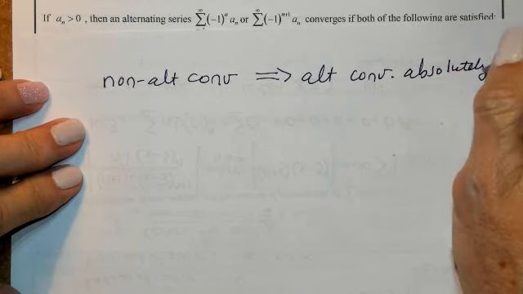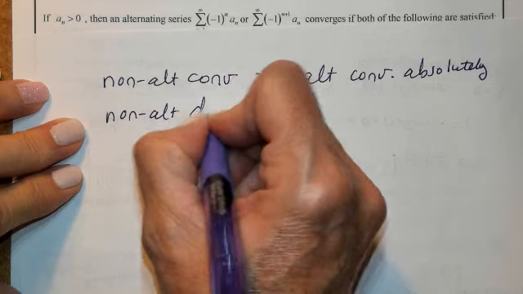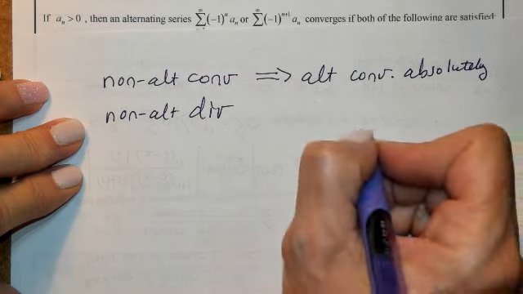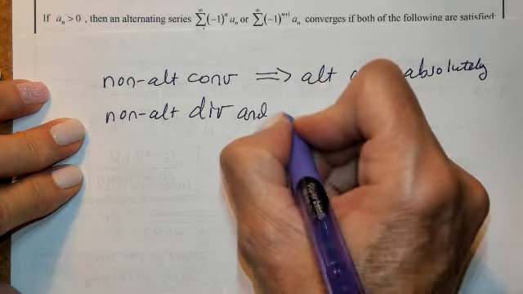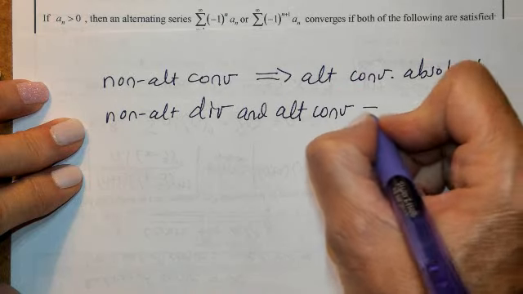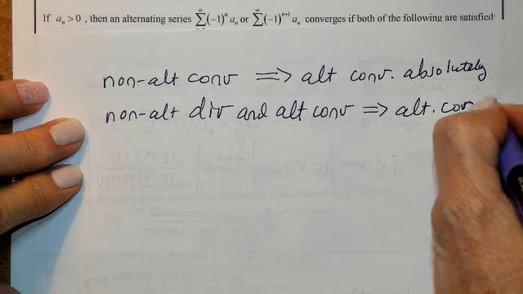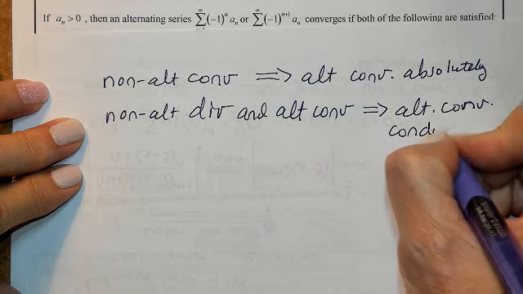Okay? If the non-alternating diverges and the alternating converges, then the alternating converges conditionally.